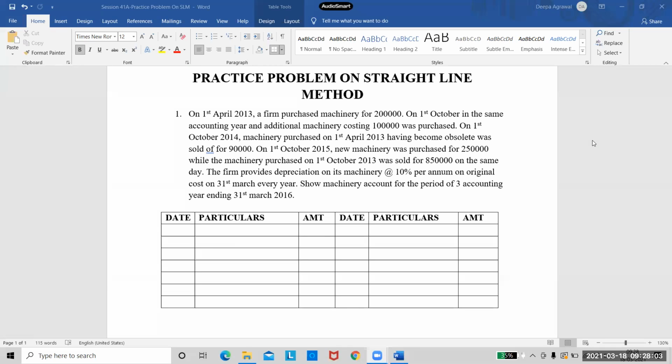On 1st April 2013, a firm purchased machinery for 2 lakhs. So what is the asset here? Machinery. On 1st October, in the same accounting year, additional machinery costing 1 lakh was purchased. So that means how many machinery did we purchase now? 2. First was purchased on 1st April, second one was purchased on 1st October in the same year.